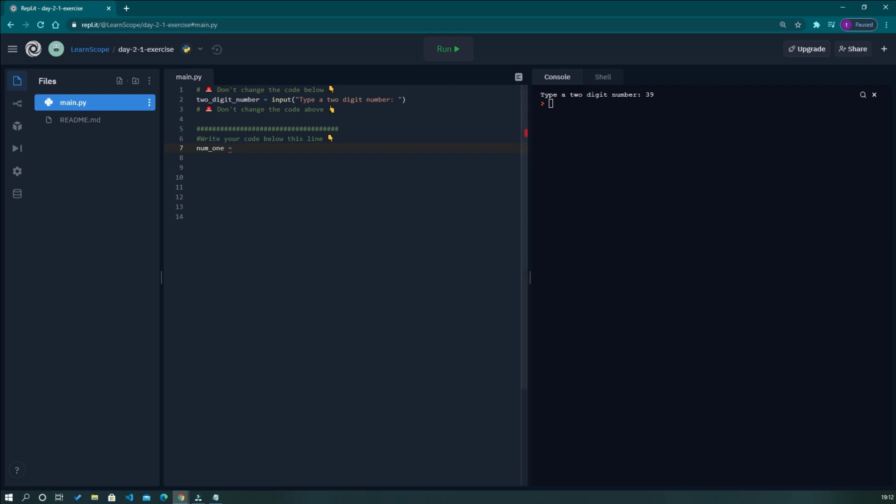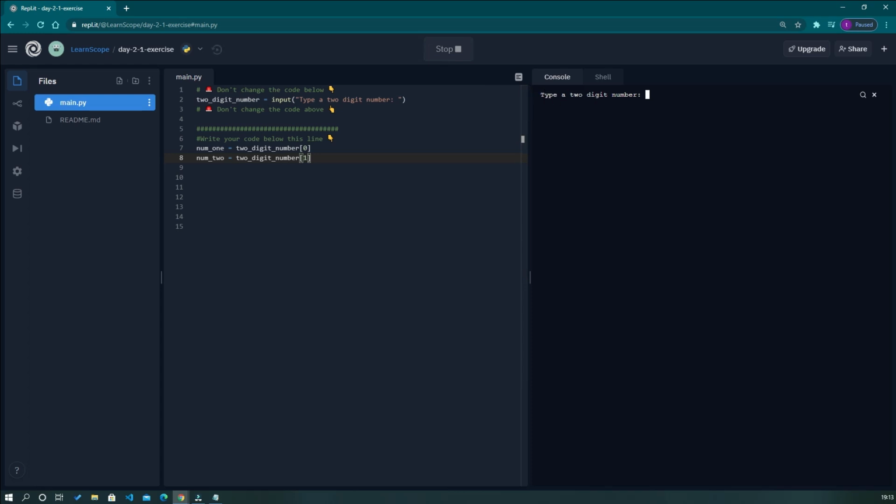So 39, I want to pick the 3, which will be in two_digit_number, 0. That will give me the first value. Python starts with 0. num_2 equals two_digit_number, 1. Okay.